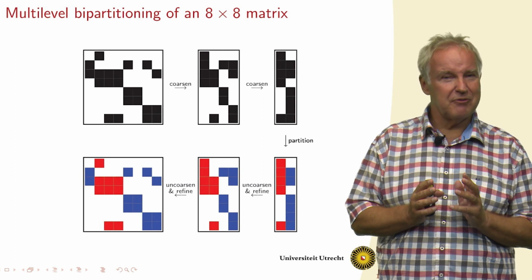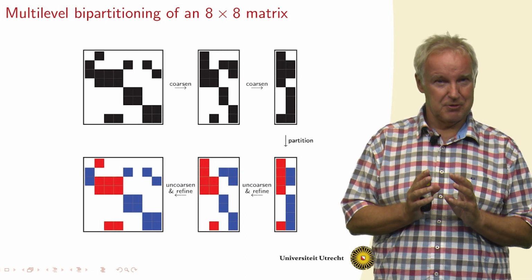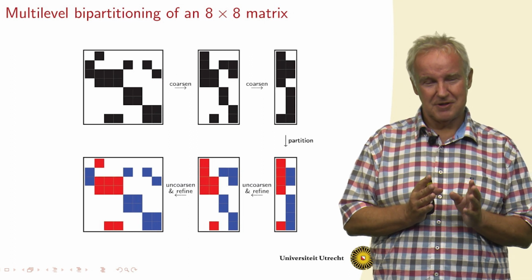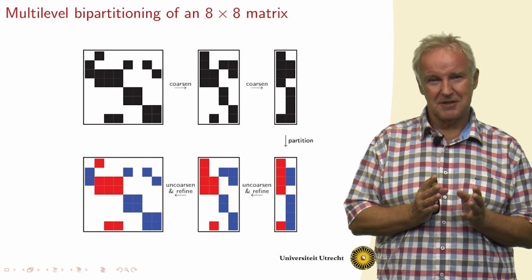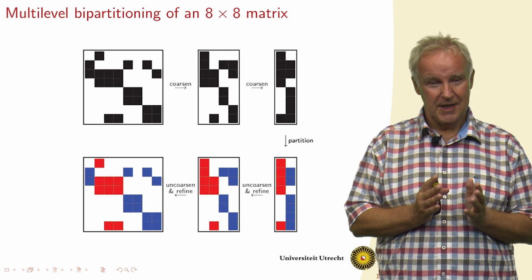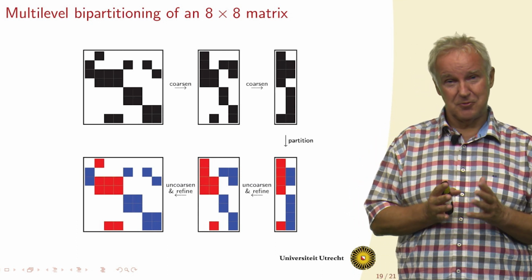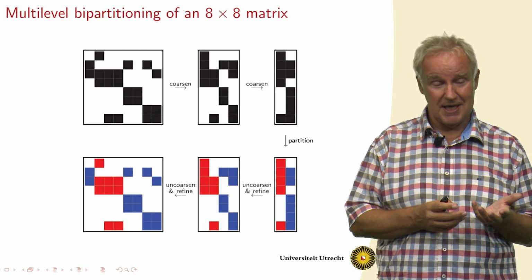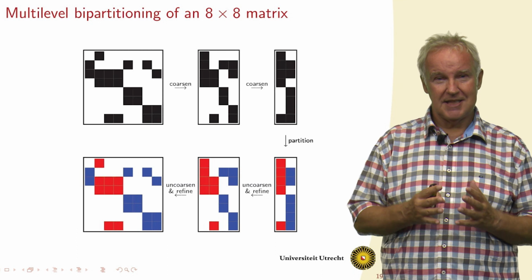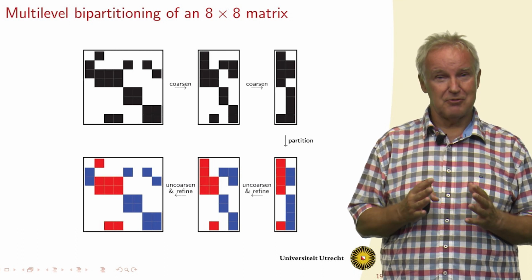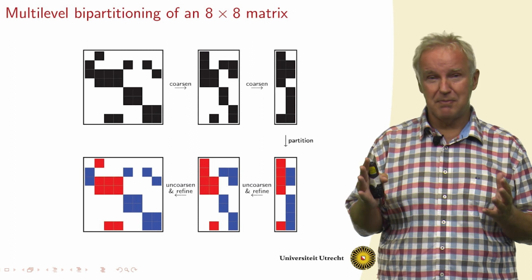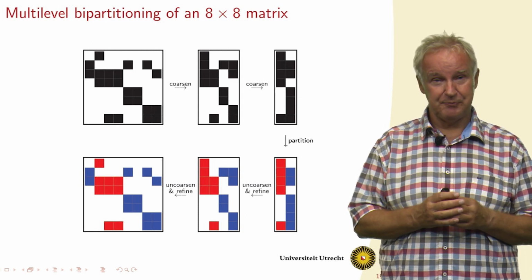But we can refine the distribution by also trying what would happen if I would instead change one to blue. And that is a refinement. So small adjustments can take place. We could use the Kernighan-Lin algorithm for that. And this makes it possible to solve problems with 1 million rows and columns. Much bigger problems you can solve that way.